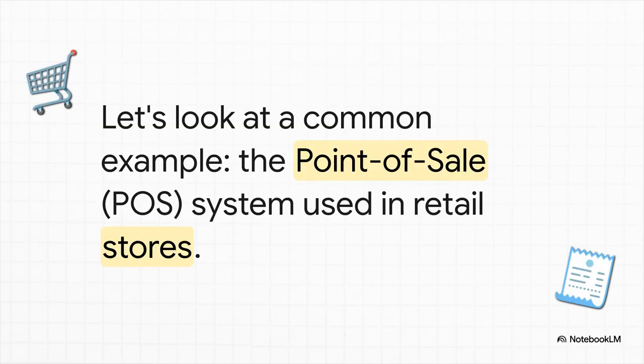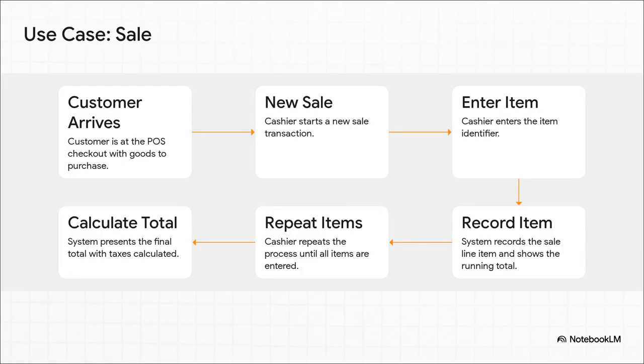To pull all of this together, let's use an example we can all wrap our heads around. A simple point-of-sale system. You know, the software a cashier uses at the checkout counter. We've all seen this a million times, so it's a perfect way to make these ideas concrete. Okay, so just picture this process. A customer walks up, the cashier starts a new sale, they scan items one by one, and the system keeps a running total.